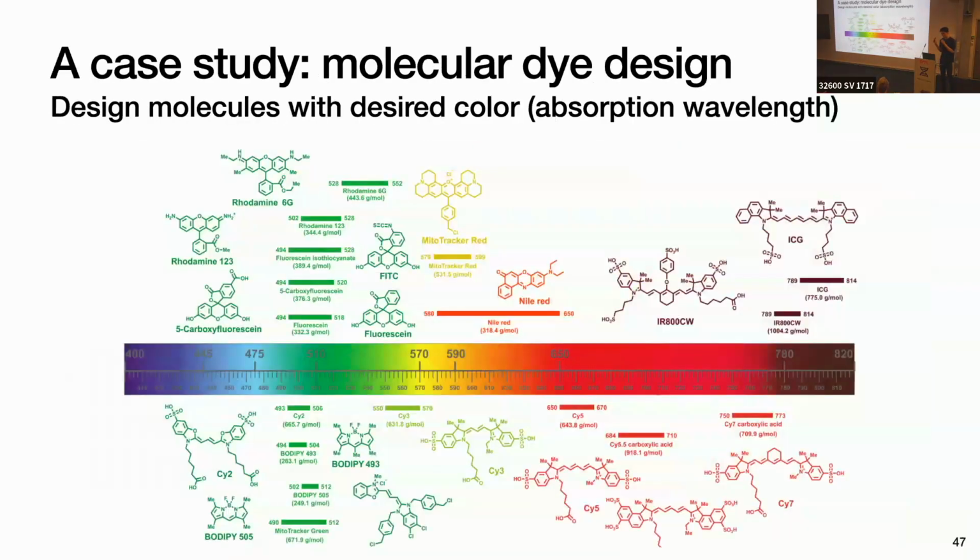We applied this. I wanted to apply this to antibiotics, but back then we were working on a DARPA project, which specifically requested the design of molecular dyes. These dyes are molecules that have colors, right? Depending on their absorption wavelengths, different molecules can show different colors.